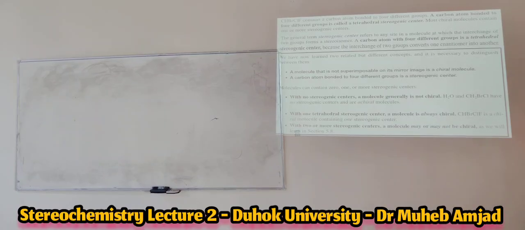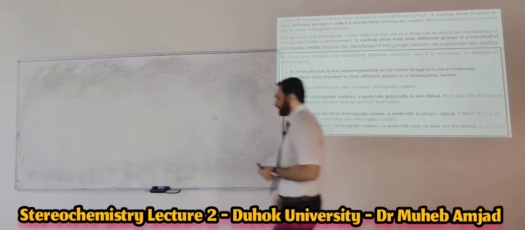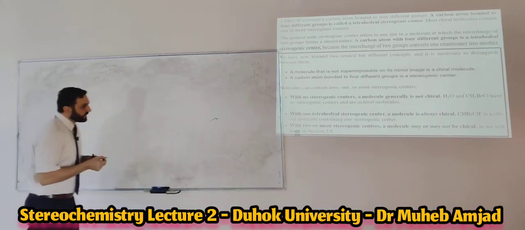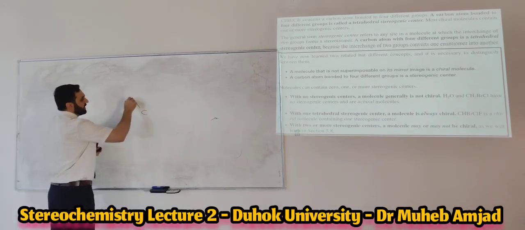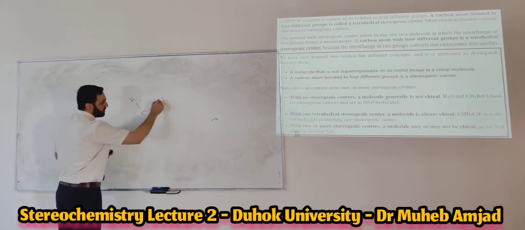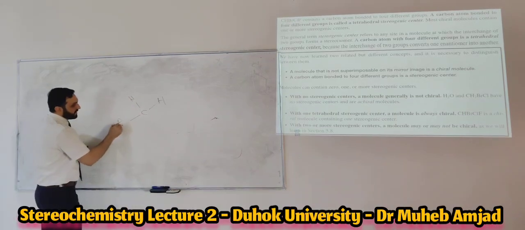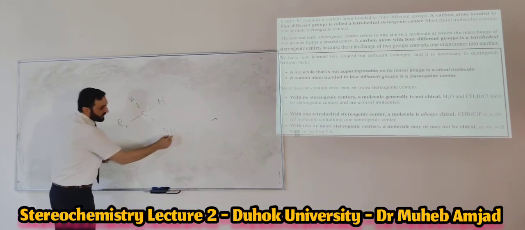So H2O, for example, and CH2BrCl have no stereogenic center and are achiral molecules. For example, this one, with hydrogen and BrOH.